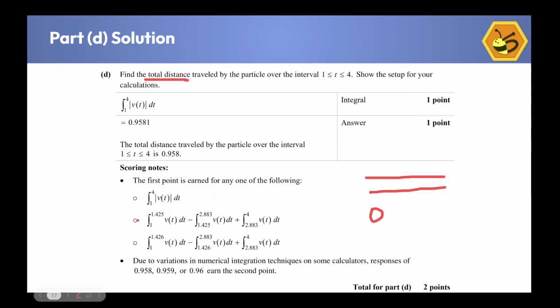If you do it this other way, that is also acceptable because you're manually shifting the sign yourself. I will do this because that is the simplest possible way. There's an exemption because the numerical integration techniques are somewhat different, so 0.96 also earns the second point.